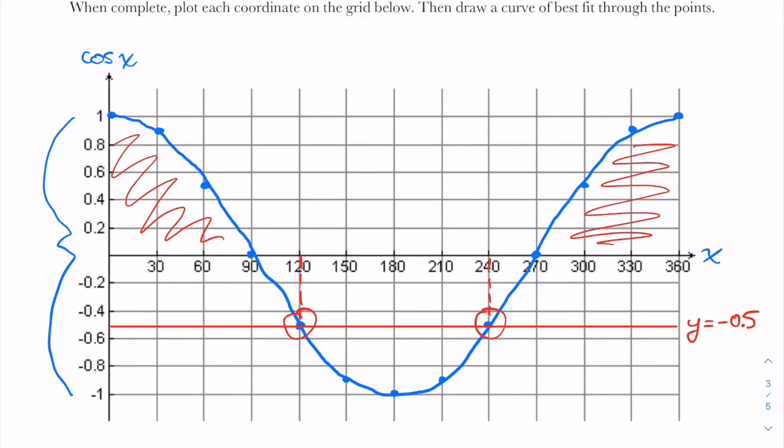But that corresponds with quadrants 1 and 4, which is where cosine is positive according to the cast rule. Similarly, the y values are negative between 90 and 270, and that corresponds to quadrants 2 and 3, which is where the cosine function is negative according to the cast rule. So I hope you see the cast rule in this graph as well.